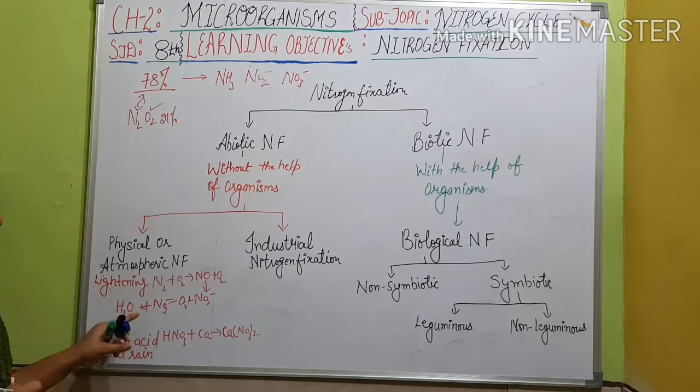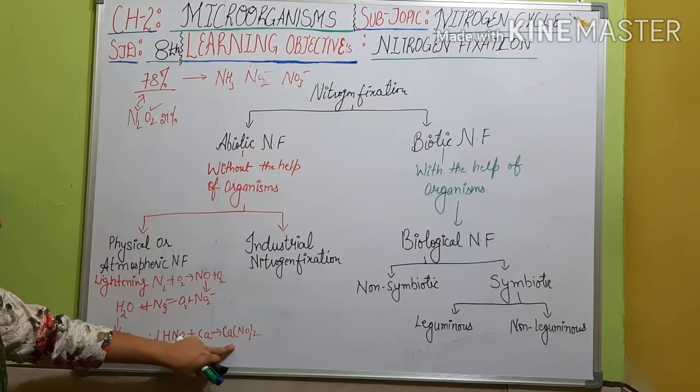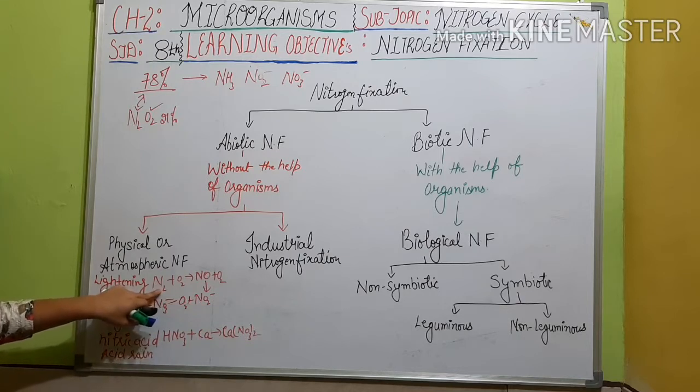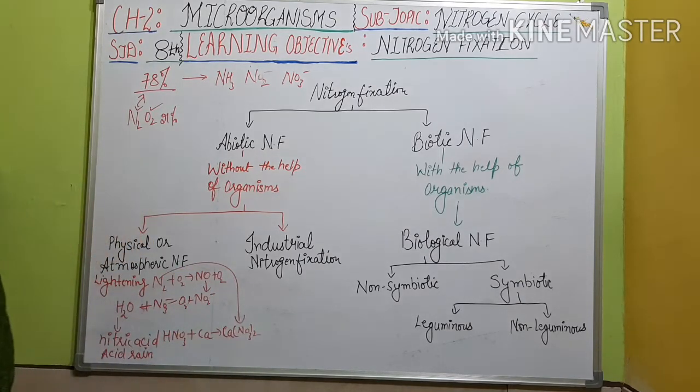So all in all, what is forming at the last? Nitrate is forming at the last, as the atmospheric nitrogen is converted into the usable nitrate form. Now next is the industrial nitrogen fixation.